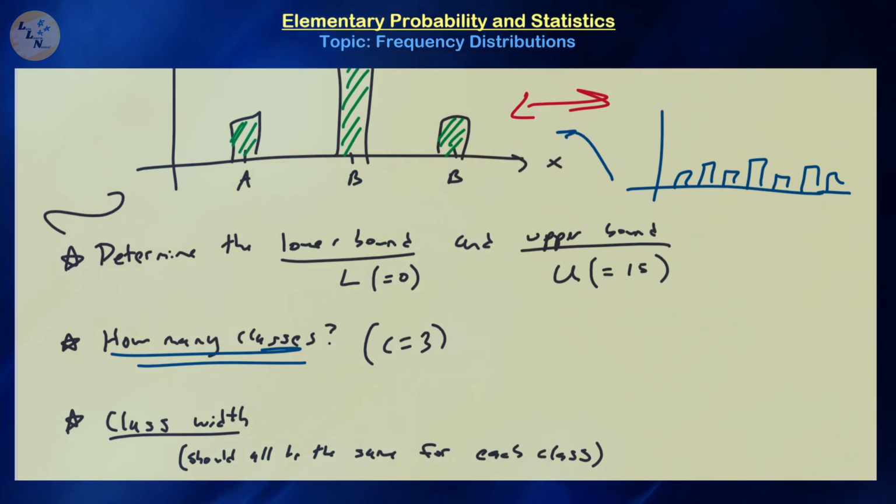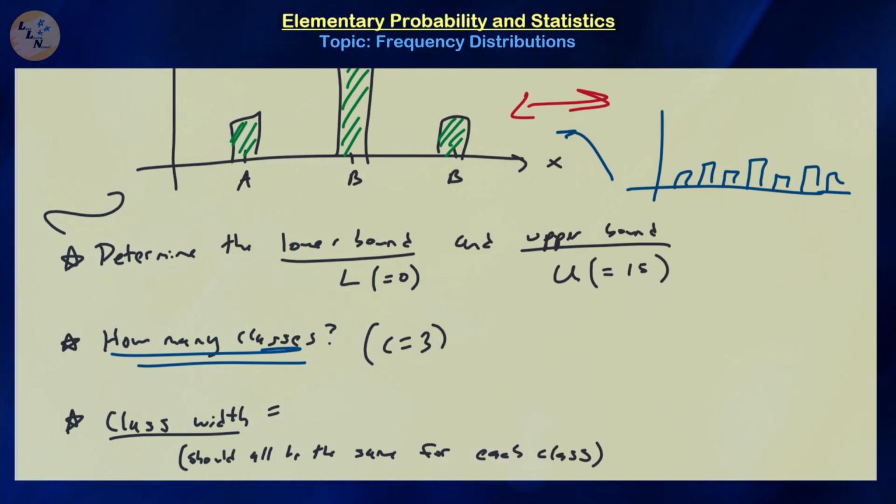For example, ages. You may want to group your 0 to 18 people together, your 18 to 30 people together, your 30 to 40 people together, your 40 to 60 people, and your 60 and older people together. There are certain cases where class width not being uniform is preferred, but that's only on a case-to-case basis.